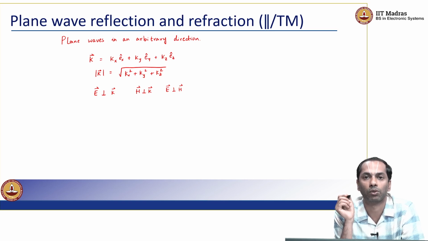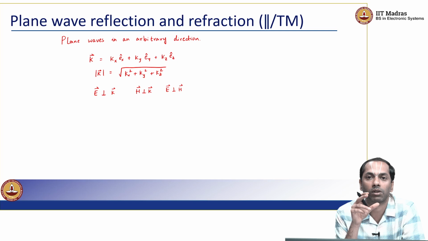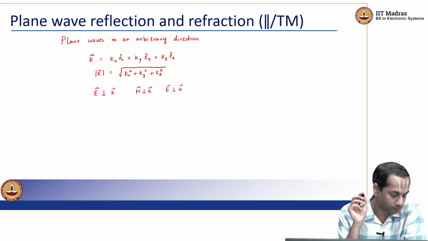It gives us a bit more in terms of relating the magnitude of E and H as well through the wave impedance, but nonetheless, pictorially, if I were to picture these vectors E, H and k in three dimensional space, remember that whatever plane wave I choose to have interact with this dielectric boundary should always satisfy this relationship, right. So, no matter how randomly I orient my k vector, E and H always have to be perpendicular to k and E and H have to be perpendicular to each other, right.